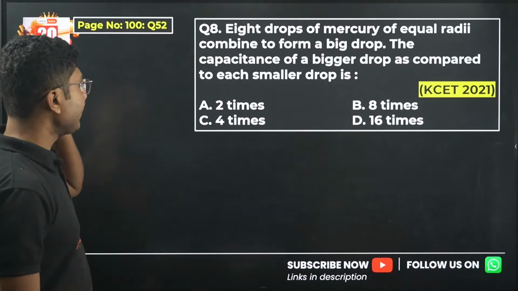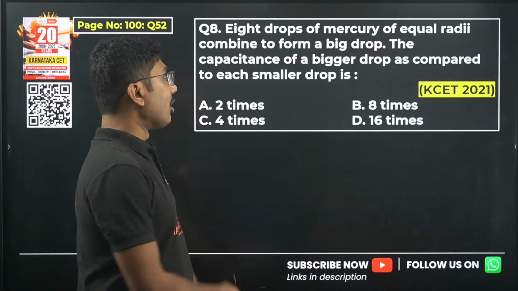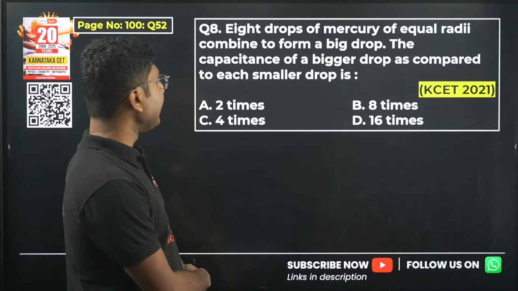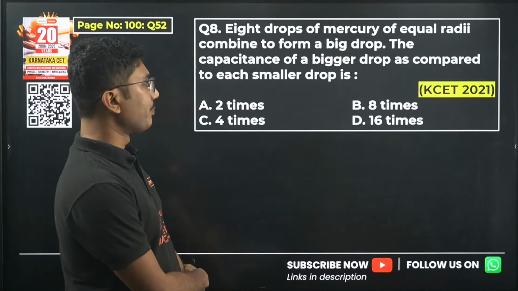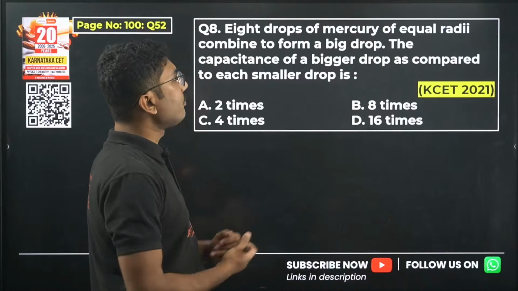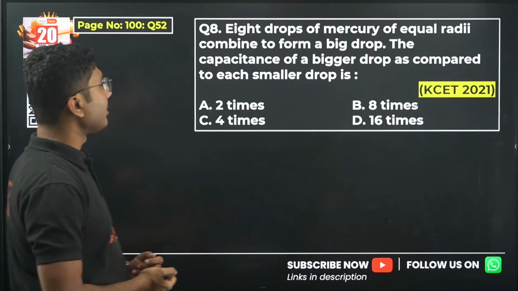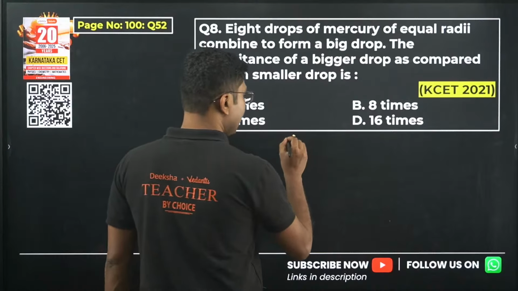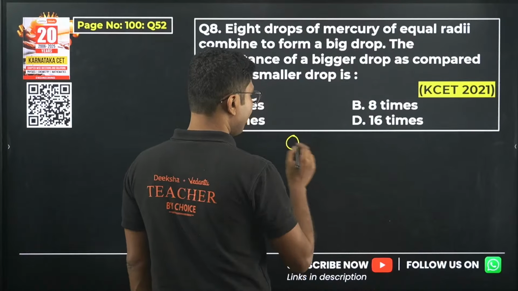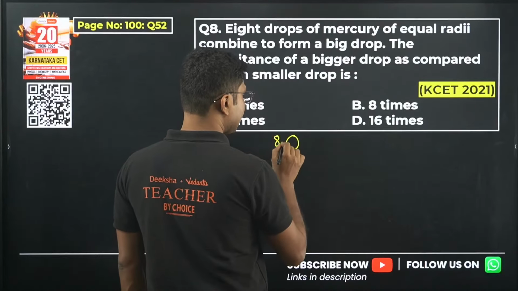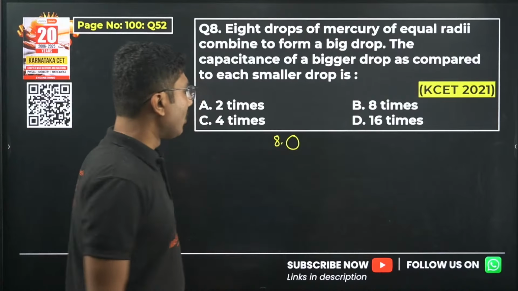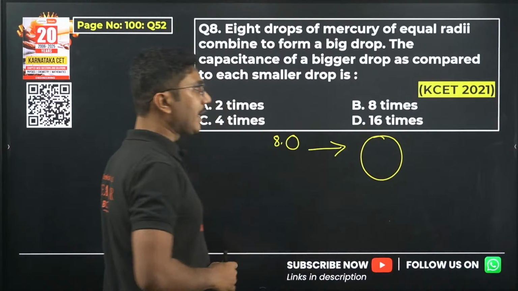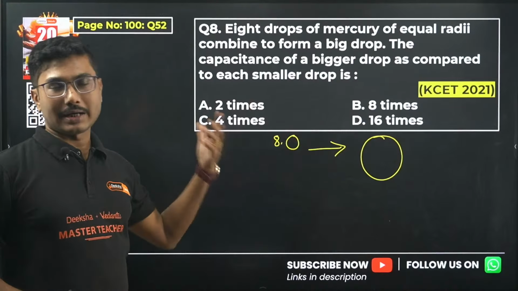Now, next question. 8 drops of mercury of equal radii combine to form a big drop. The capacitance of the bigger drop as compared to each smaller drop is? So we have 8 small drops of mercury, and once you combine them you get a bigger drop, and you want to find how the capacitance changes.